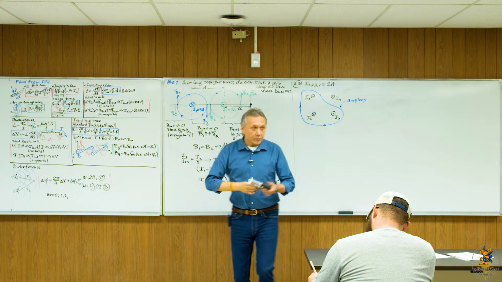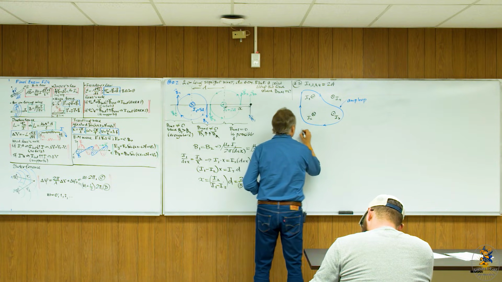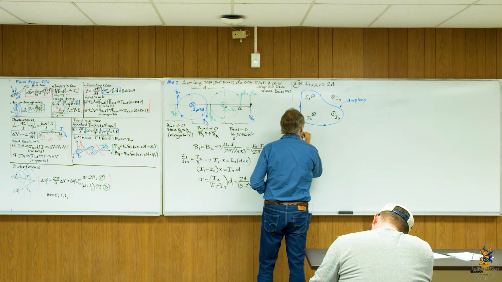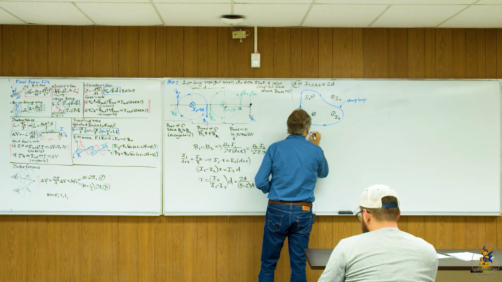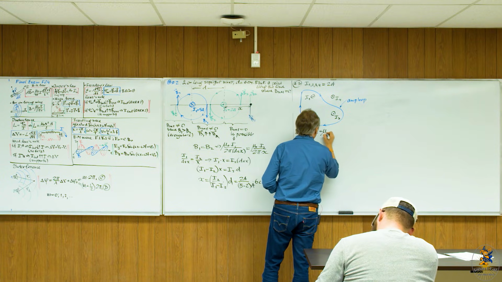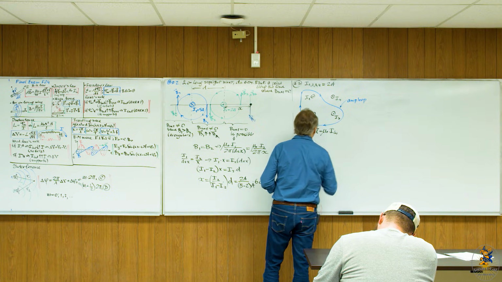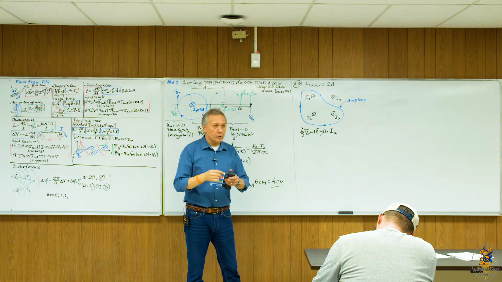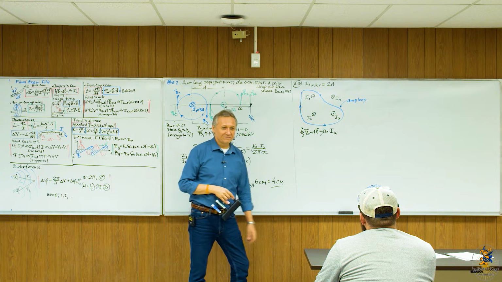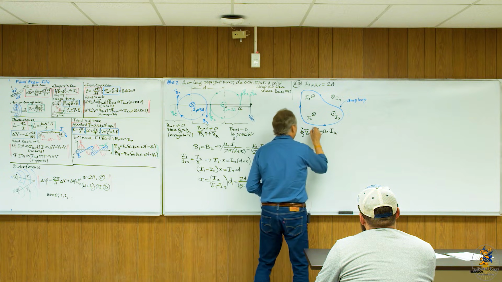Okay, so let me just rewrite Ampere's law. It's the integral of B dot dl equals mu naught times I enclosed. So essentially, what we need is to find the value of this integral.